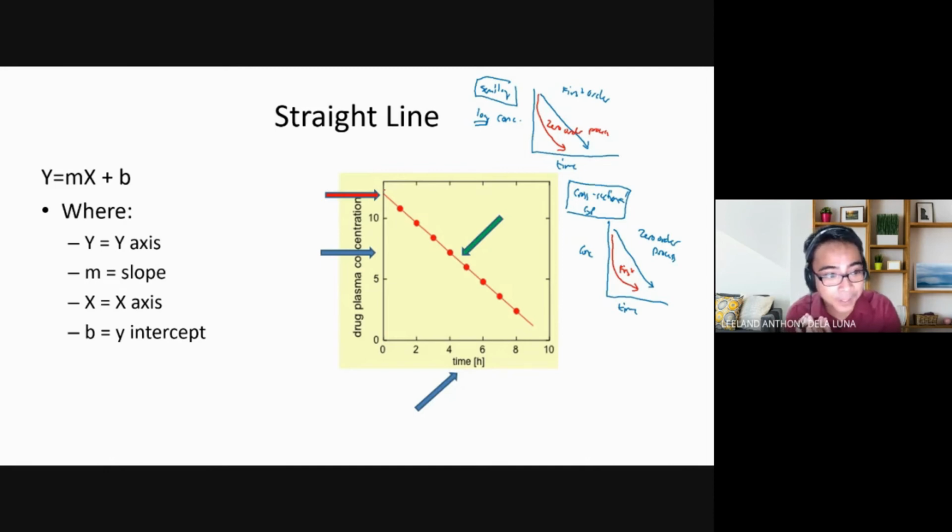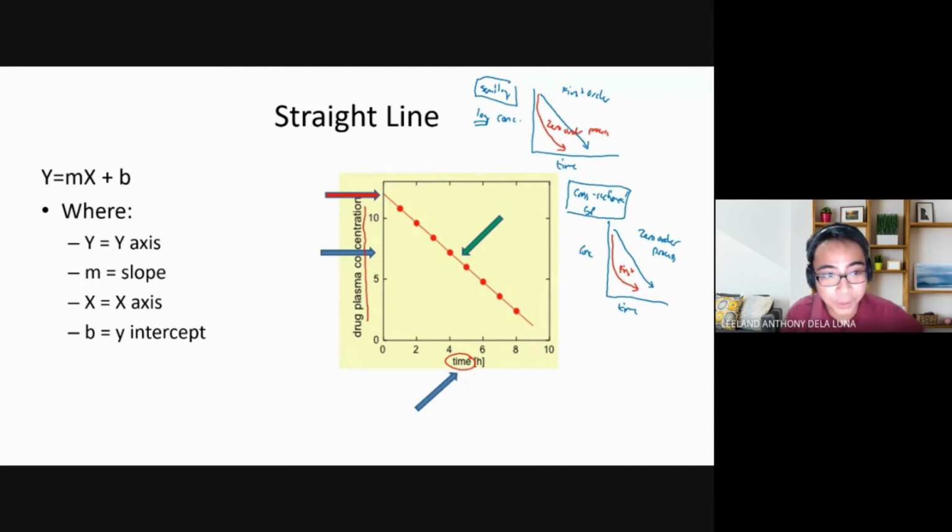Okay? So now class, dahil sa graphing paper, straight ang zero order reaction, let's start with that. Iumpisa natin doon. Now class, when we're graphing plasma level time curves, normally, ang nasa x-axis would be time. Ang y-axis would be drug plasma concentration.